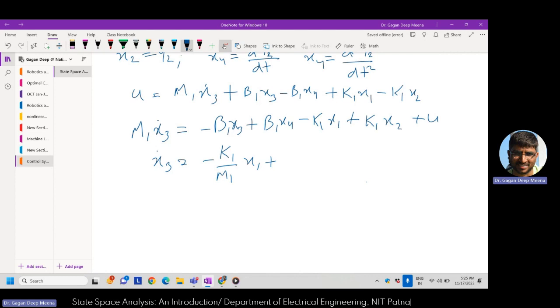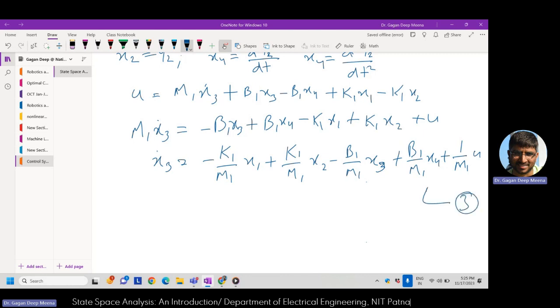So x3 dot equals minus k1 by m1 x1 plus k1 by m1 x2. Next I would write the x3 term, which is minus b1 divided by m1 x3, and then plus b1 by m1 x4, plus 1 by m1 u. So that's my input term there. And this I can write as equation number 3 for example 2.